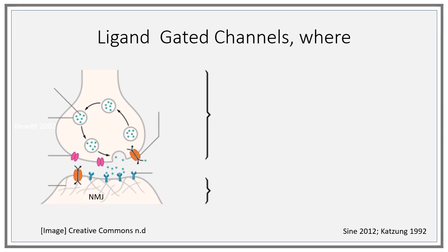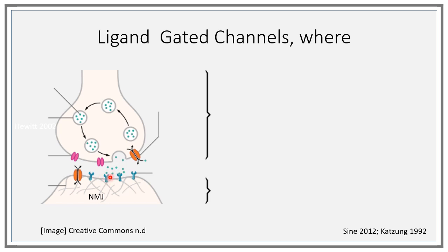Where do we find these ligand-gated channels? Well, there's multiple types of ligand-gated channels, but one example is at a junction, a neuromuscular junction or a synaptic junction. In this drawing here, it's a neuromuscular junction, and this is the terminal side of a first neuron, and then there's a space, and acetylcholine gathered up into vesicles is released into the space.